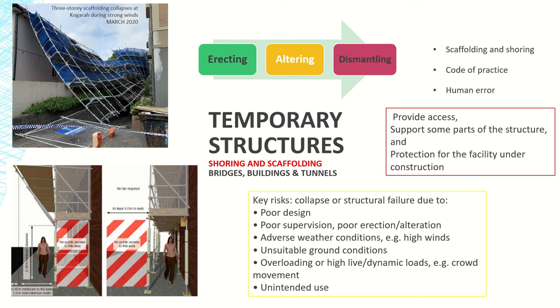But the main thing later is the supervision process itself: who is going to manage it, supervise it, or erect the scaffolding. Weather conditions and ground conditions are both important, and during the erecting process, these items can affect the stability of the structure as well.